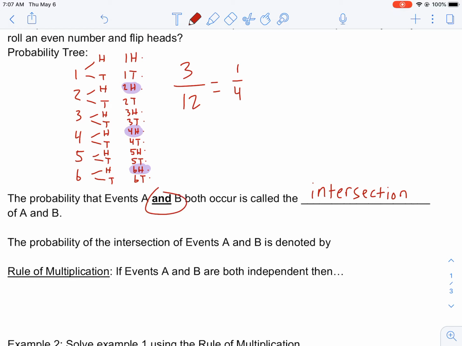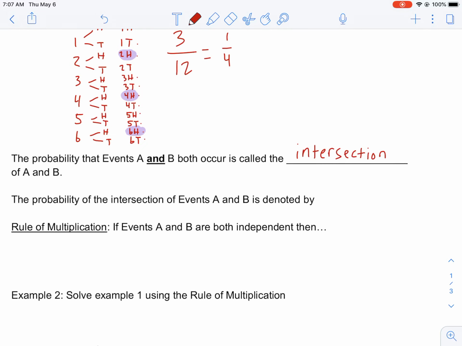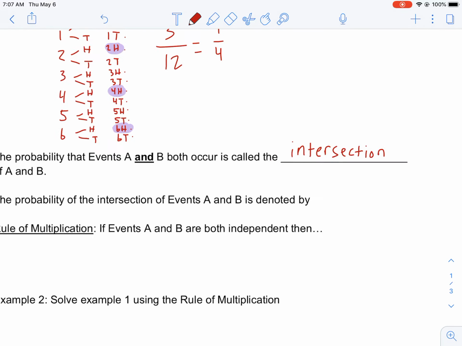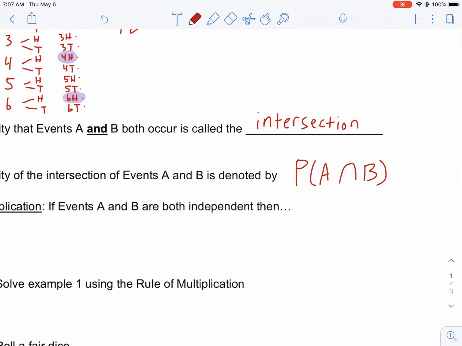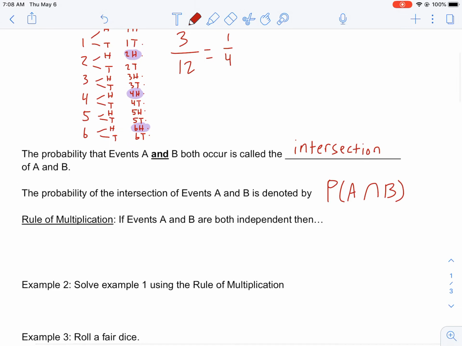So the key word there is "and." You're going to be seeing that word a lot today. The probability of the intersection of A and B is denoted by this: the probability of A, and B. This is called the intersection symbol. It's like an upside down U. You're going to want to remember what that means.